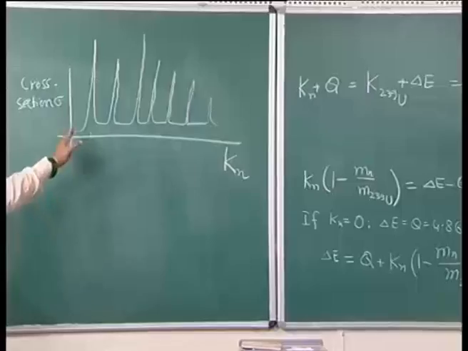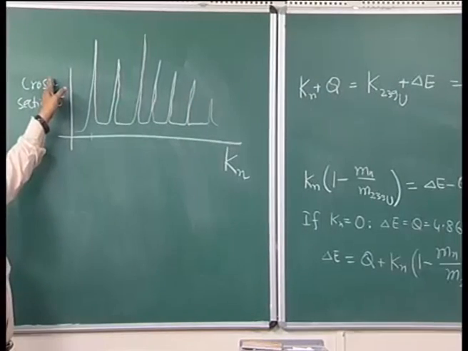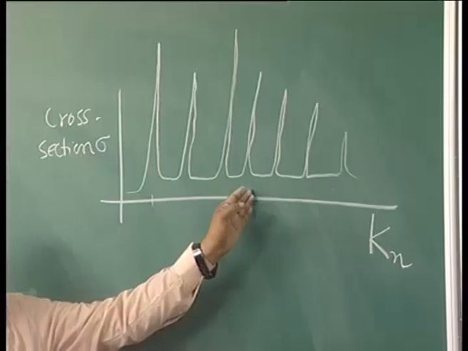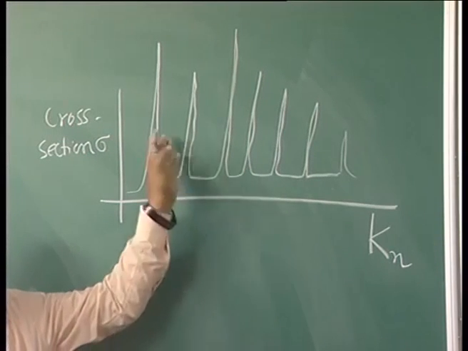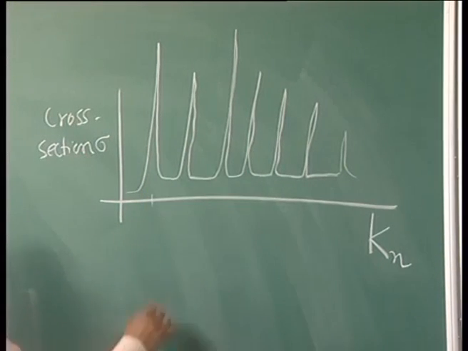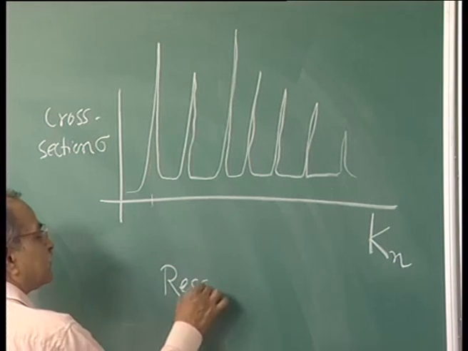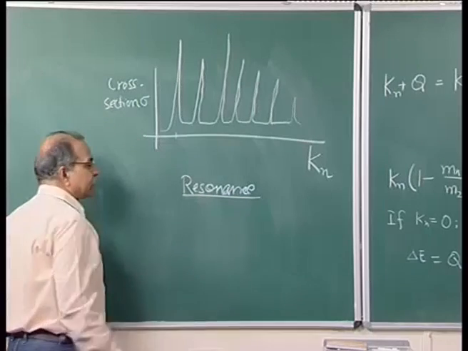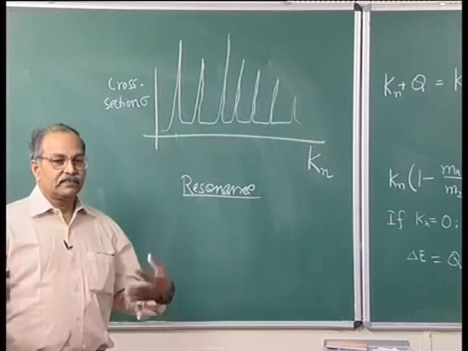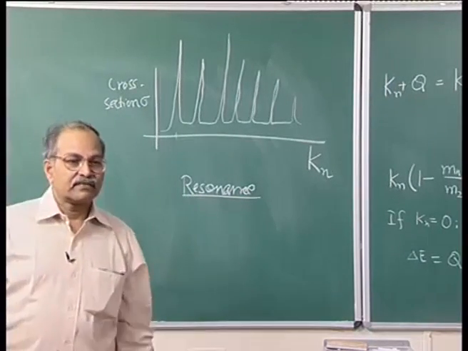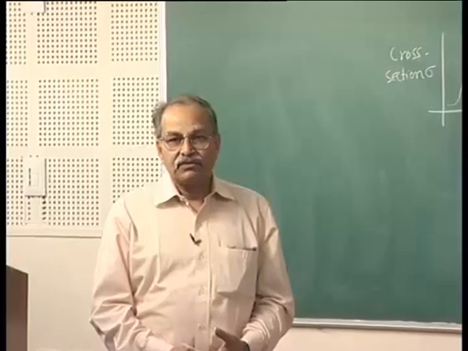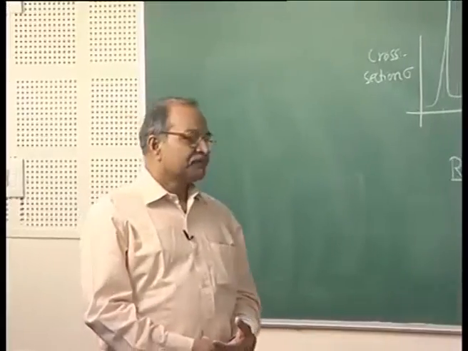This phenomenon, where the cross section suddenly increases at certain kinetic energies of the projectile particle and then drops, is known as resonance. It plays a very important role in our fission reactors and in some astrophysics nuclear reactions and so on.